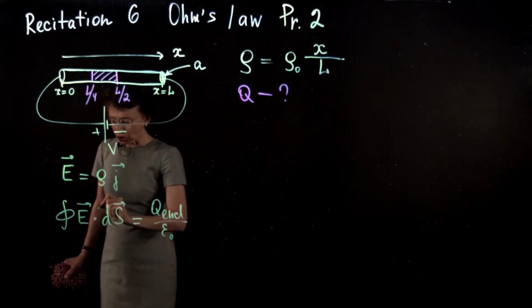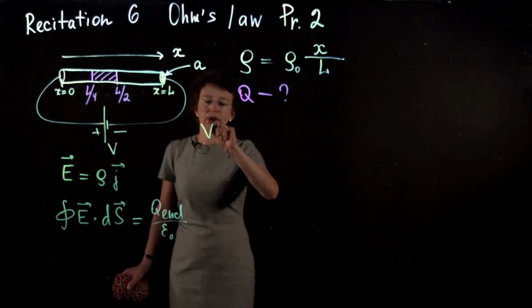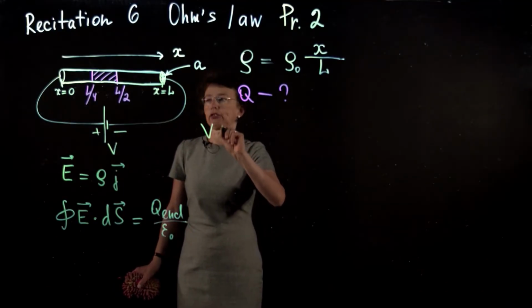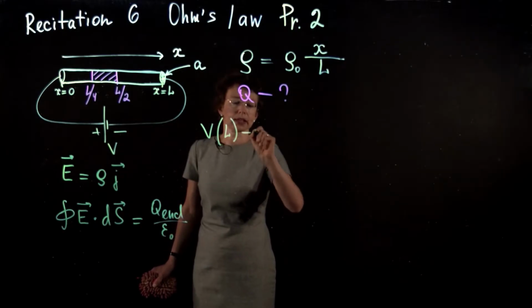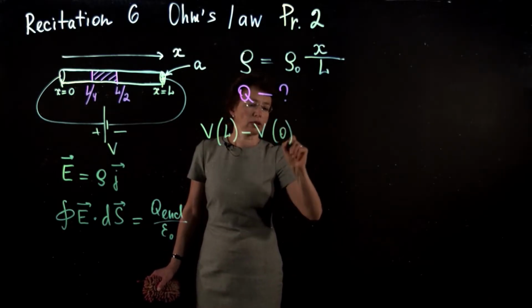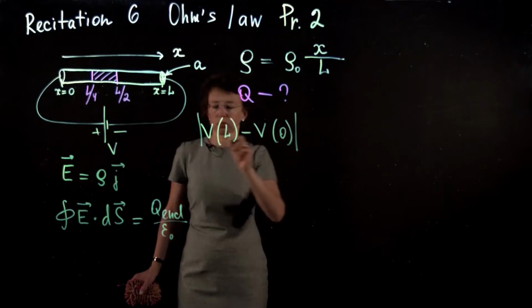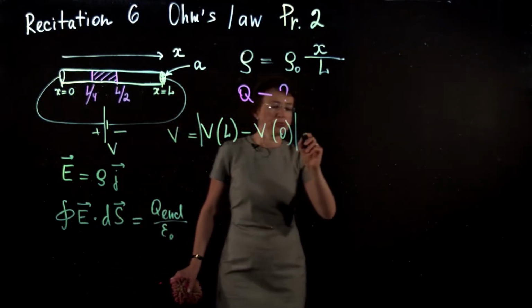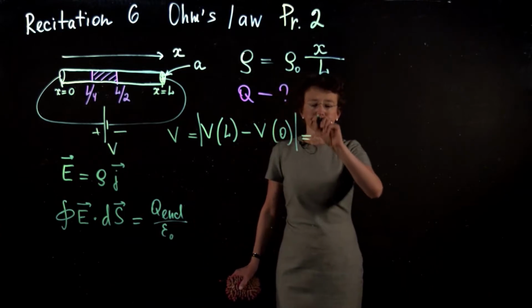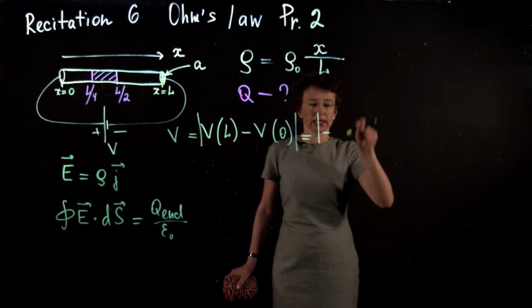I will find current density by finding first the difference in the electric potential, V at L minus V at 0. If I take absolute value, because I need to find magnitude of J, this is V. Absolute value, I don't care about this minus, its magnitude.